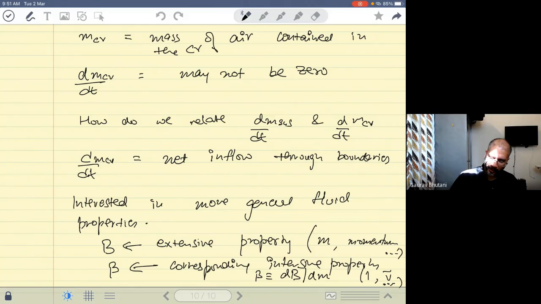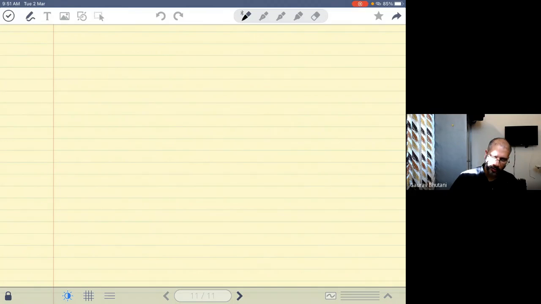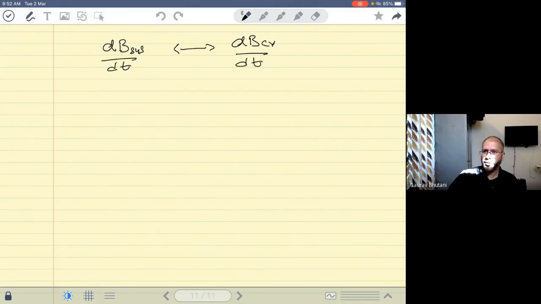So what we'll be interested in this discussion on the Reynolds transport theorem is to relate dB by dt with dB control volume by dt. So in many cases, it is of interest to measure the amount of B contained in this imaginary control volume that we're talking about.